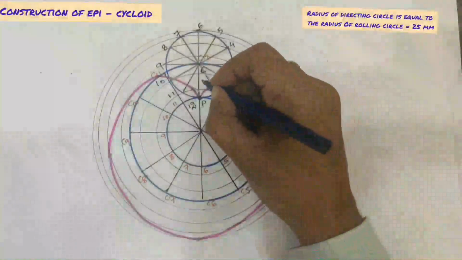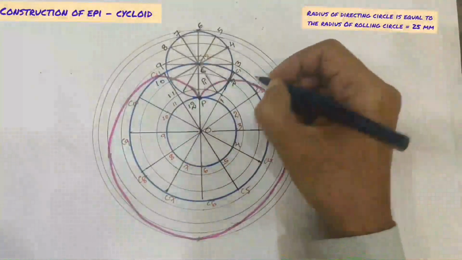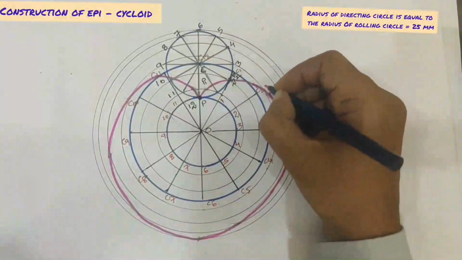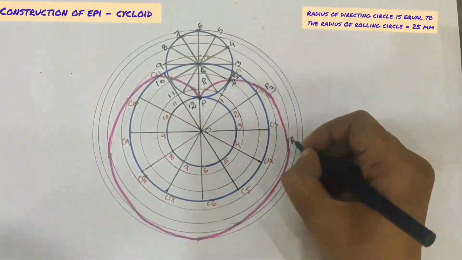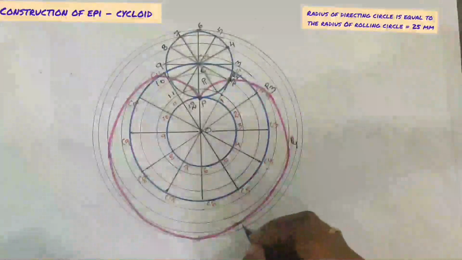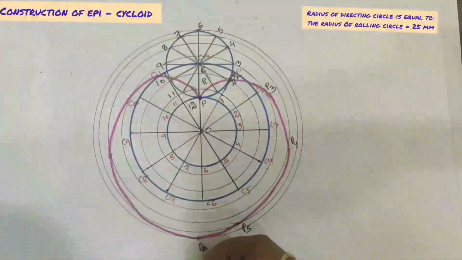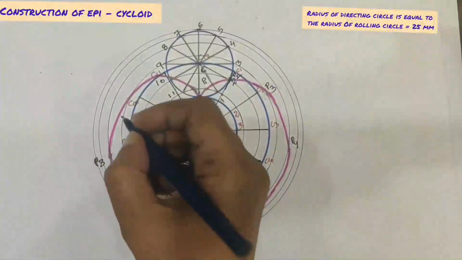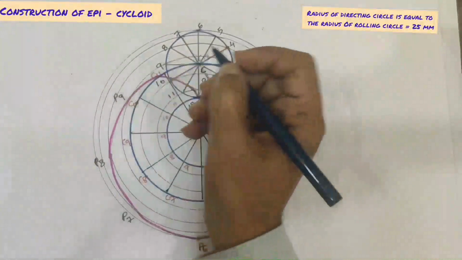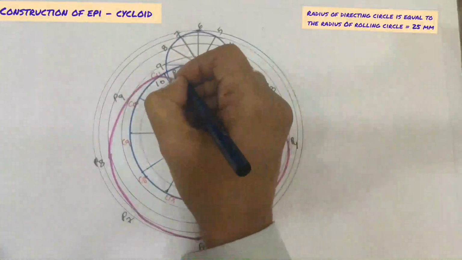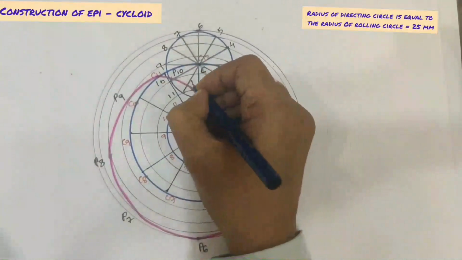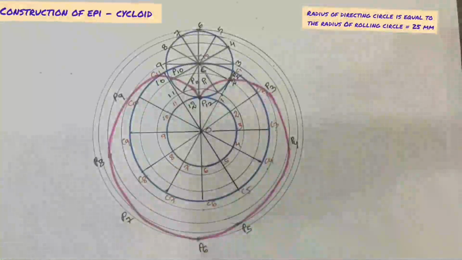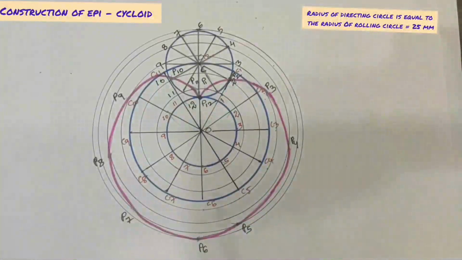Say P1 and P2, P3, P4, P5, P6, P7, P8, P9 and here P10, P11 and P12. Now we'll do the dimensioning.